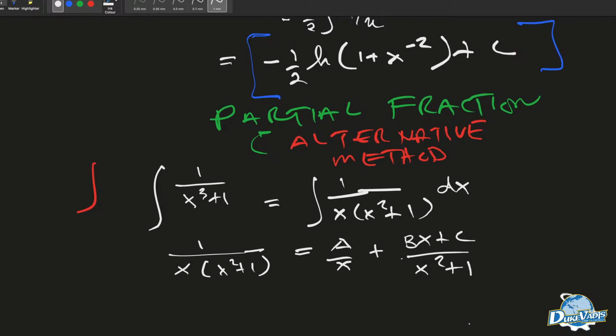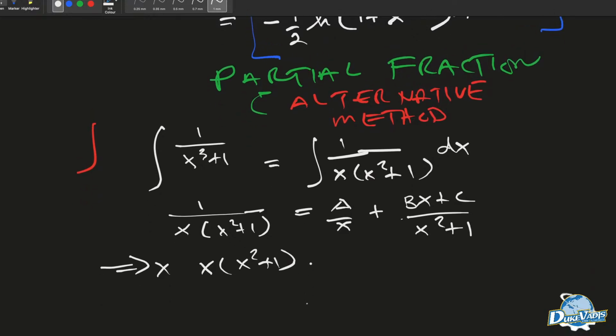When we multiply through by x times (x squared plus 1), our equation will be A times (x squared plus 1) plus x times (Bx plus C) equals 1.